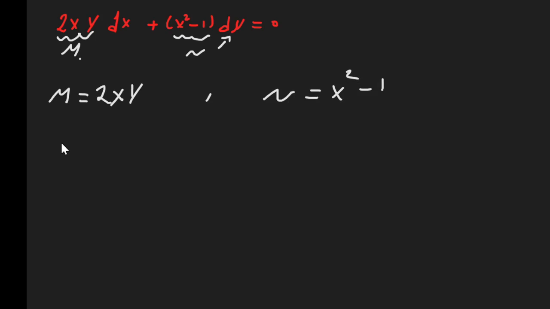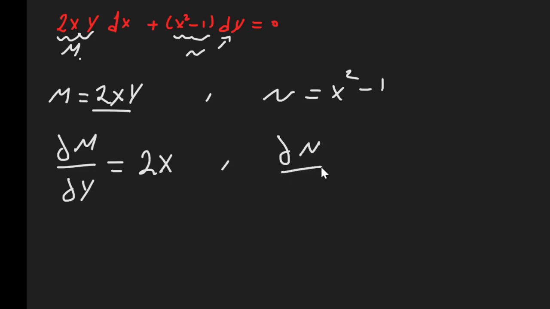Then you need to find dm over dy. You're going to differentiate this with respect to y, so it's basically 2x. And here you will have dn over dx. So if you differentiate this with respect to x, you will get 2x.